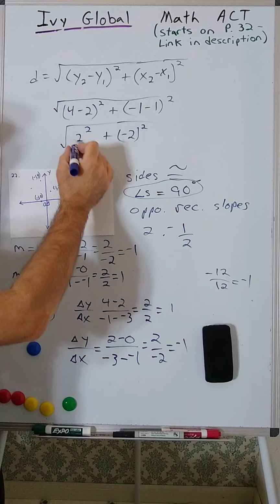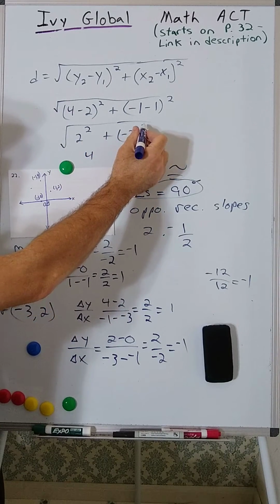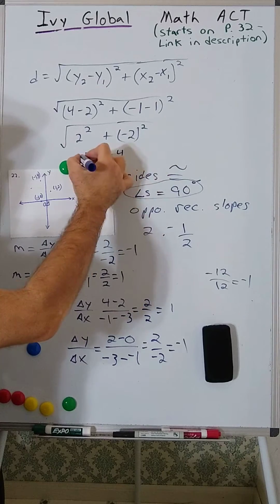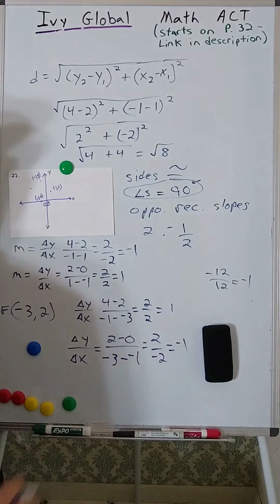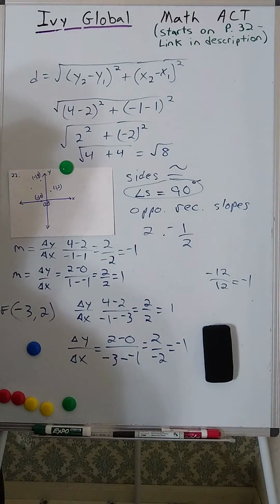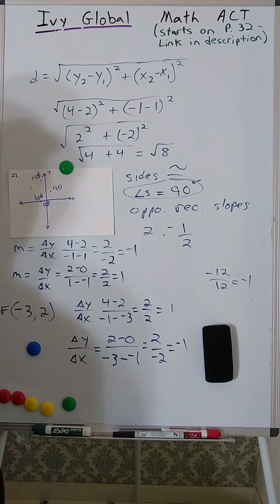So we have 2 times 2, which is 4, plus negative 2 times negative 2, which is 4. So the square root of 4 plus 4, which is the square root of 8. And we don't need to do any other work because if we see the other things coming up with the same value, we know those sides are congruent, they have the same measure.